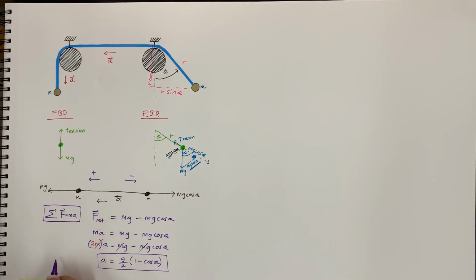So we can calculate that using Newton's second law, right, the sum of forces. And so we're going to leave that right there, and then we're going to get the equations of motion using torque.